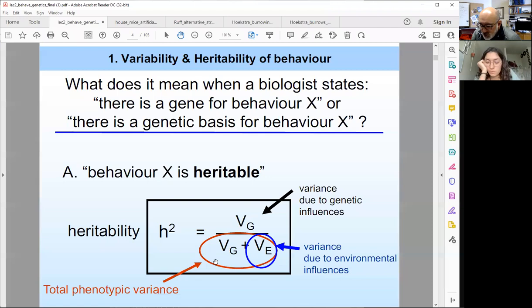Some individuals are very slow, some are very, very fast. And we can partition that variation into variation derived from genetic influences, that is, derived from genes, and variation due to the environment. And the proportion that is due to genetic influences is called heritability. So that number can range from 0 to 1. The higher the number, the more heritable a trait is.